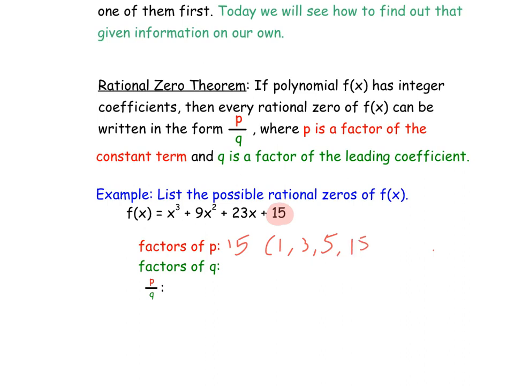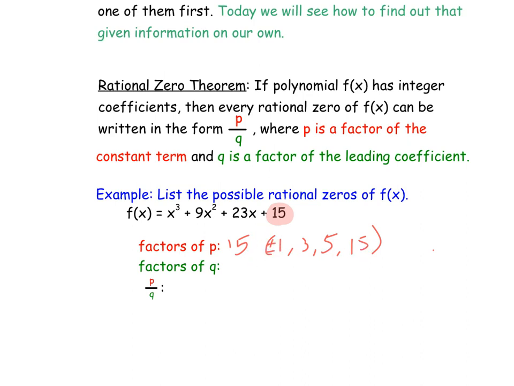It doesn't matter what order you write them in. Now I could also have -1 times -15, and -3 times -5. To avoid having to say all of those over and over again, we're just going to write a plus or minus here. I do need you to do that, thinking about the fact that there are not only the positive factors of 15, but also the negative factors of 15. So this will be something that we need to do.